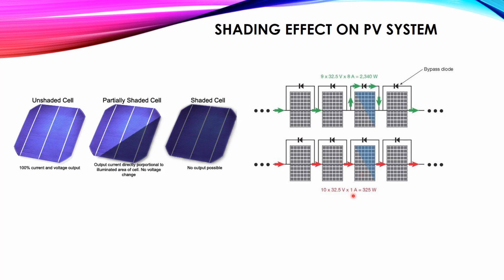So what will happen is that all of our system, or all of our connected strings, will produce the lowest amount of current, which is 1 ampere. They are forced to produce 1 ampere. The current flowing through them is similar to the lowest one, which is 1 ampere. But in this case, when we bypass the panel, we provide the normal current, which is 8 ampere.